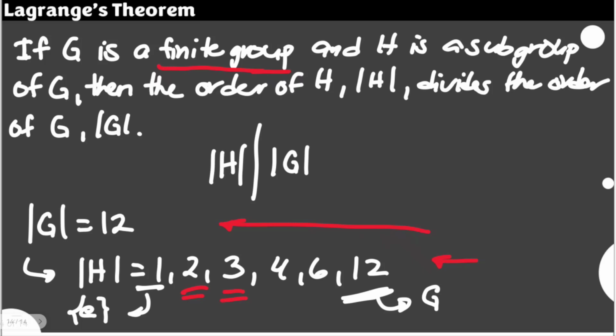The assurance here is that you cannot have any subgroup of an order which is a non-divisor of the order of your set. It will only be, for this case, 1, 2, 3, 4, 6, 12. In short, order 7 is no longer possible. Order 5 is no longer possible. Orders 9, 10, 11 are no longer possible here.